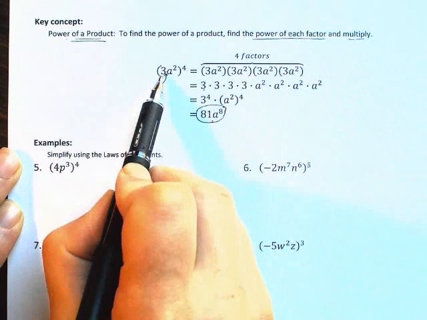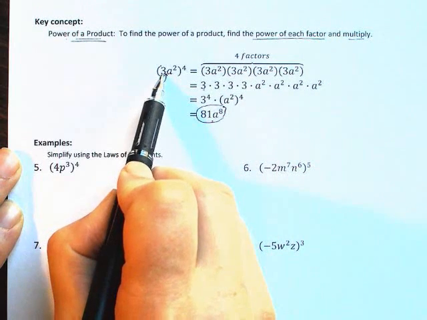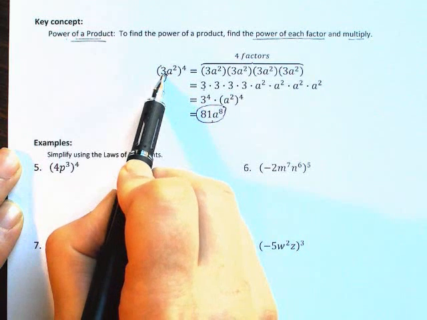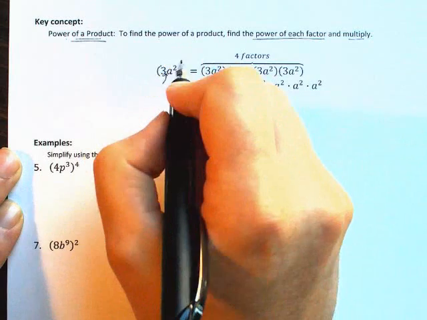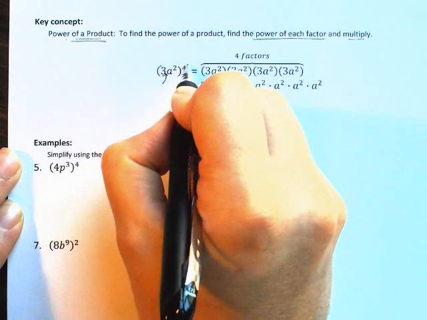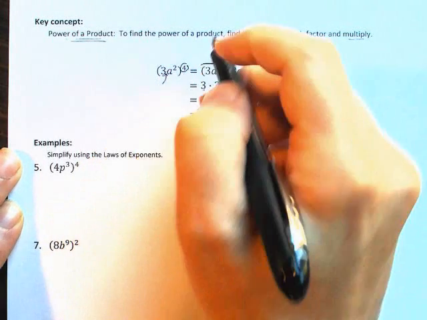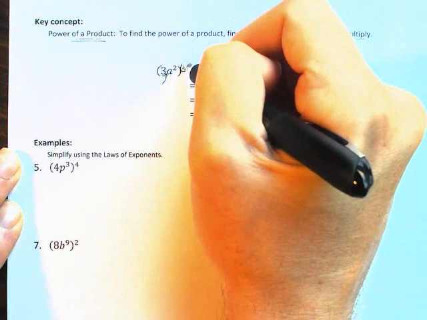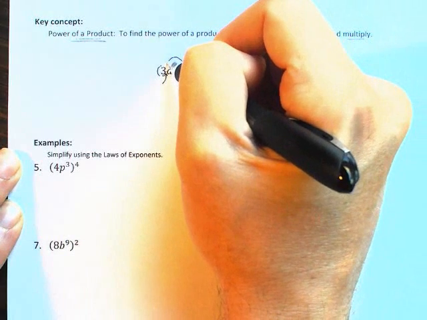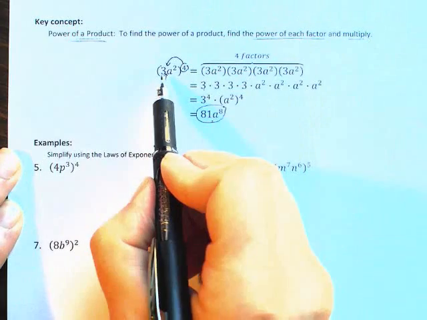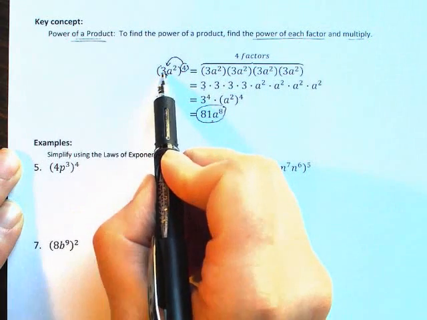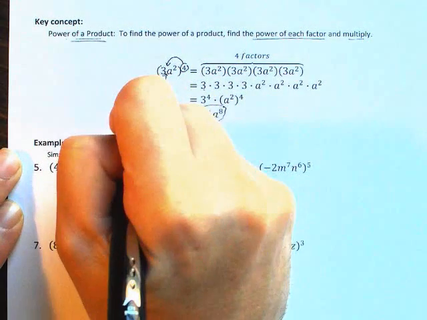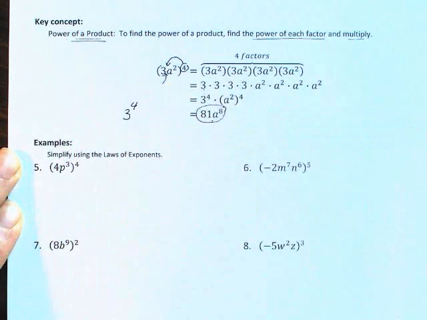When I look in the parentheses, the first factor in there is 3. I want to find 3 to the 4th power. That is, I want to take the exponent outside the parentheses and assign it to that first thing in the parentheses, 3. That is, I want to take 3 and go to the 4th power.